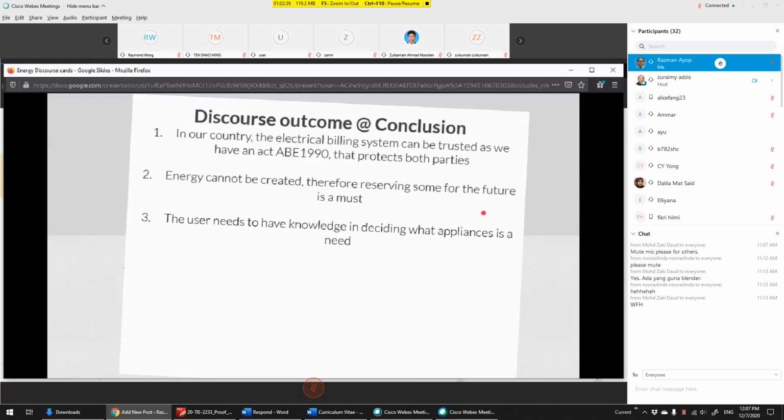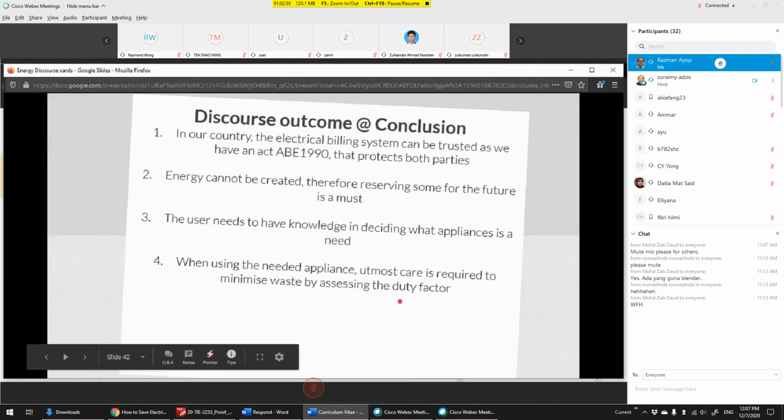Number 3, we ourselves need to have the knowledge to decide what appliances we really need. Is it a need or do we just want the appliance? Number 4, when using the needed appliance, utmost care is required to minimize waste by assessing the duty factor.